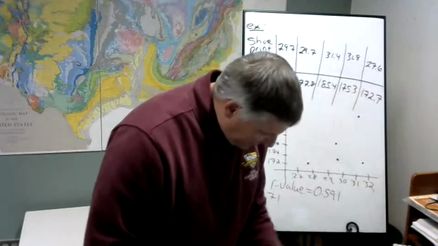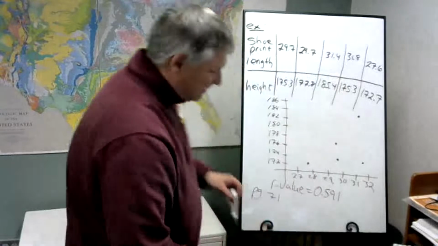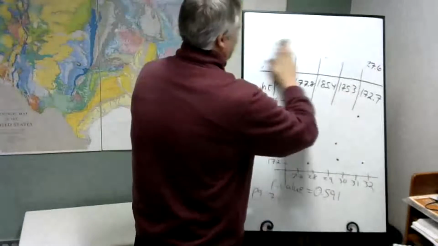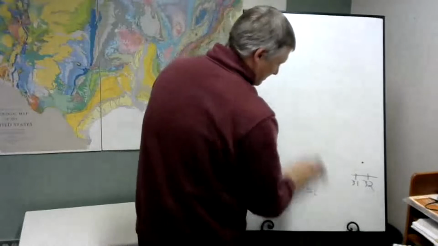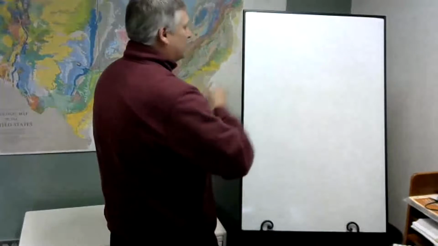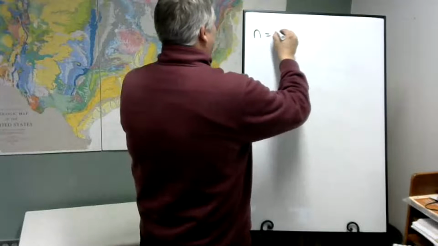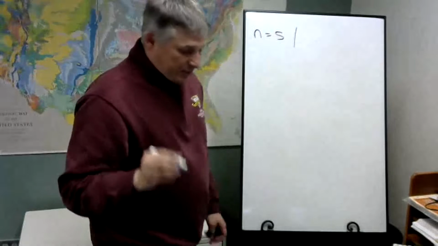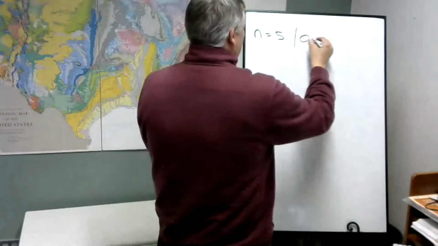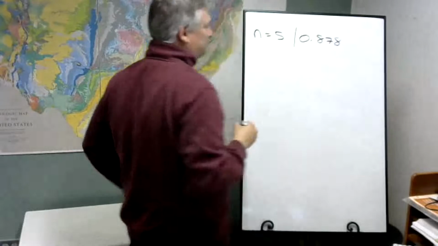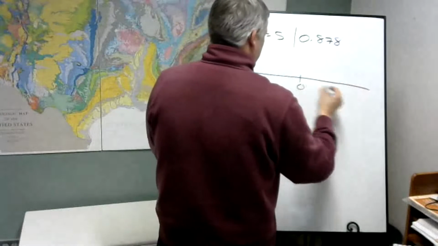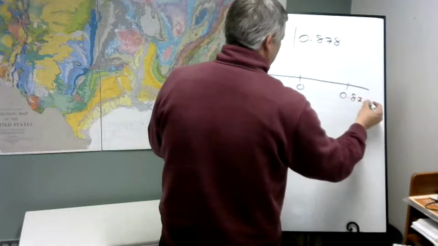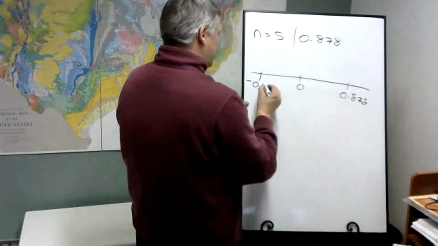And this is what we're going to see. If we look at page 71, for the number of points being 5, the critical value, again, we get the critical value from the chart, is 0.878. So if we put this on a number line, 0.878, and then look at the negative version over here, put that one in there.